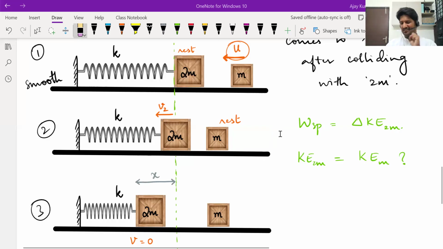Okay, listen all of you. Basically what is happening here, one block of mass m is going and colliding with another block of mass 2m. One object is disturbing the motion of another object. Tell me, what principle of physics can be applied when the motion of one object disturbs the motion of another object in a system?